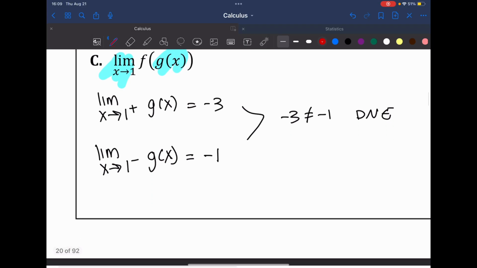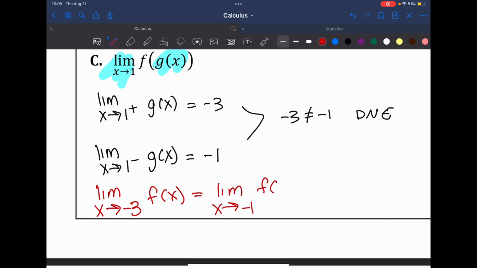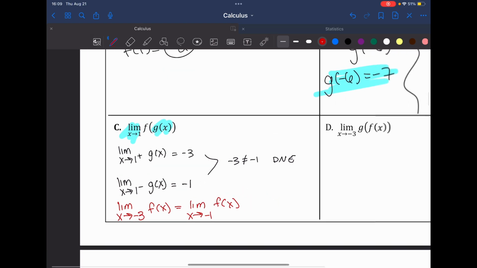So what we're going to have to do now is find the limit as x approaches -3 of f of x, and see if it is equal to the limit as x approaches -1 of f of x. So let's go ahead and check that out.